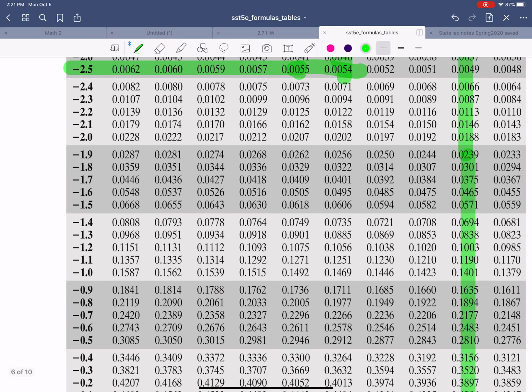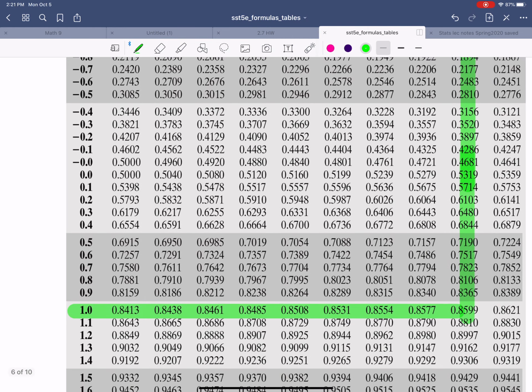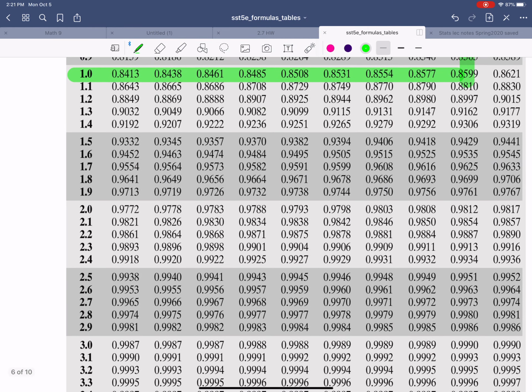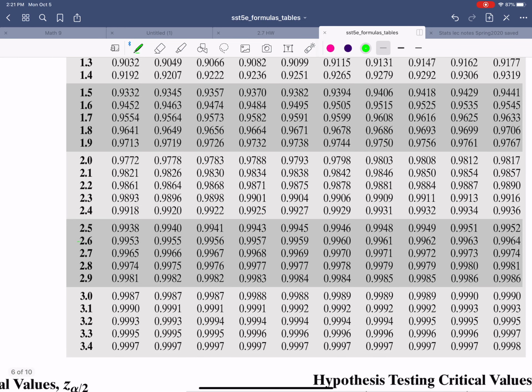No, it's 2.6. If you want to round it to two decimal places, we can call it 2.60. So look for 2.60 here. 2.60 turns out to be, oh, that's the area to the left. We want the area to the right.